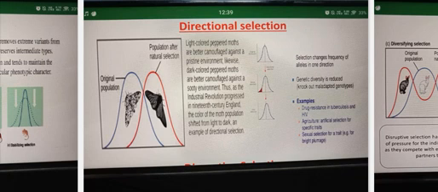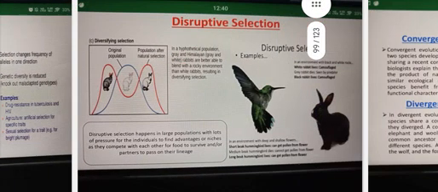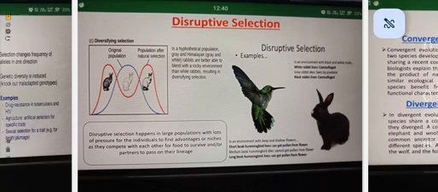Sexual selection for a trait like bright plumage. One extreme is favored. Disruptive selection: both these extremes are favored. Original population and population after natural selection. Disruptive selection happens in large populations with lots of pressure for the individuals to find advantage or niches as they compete with each other for food to survive and partners to pass on their lineage.